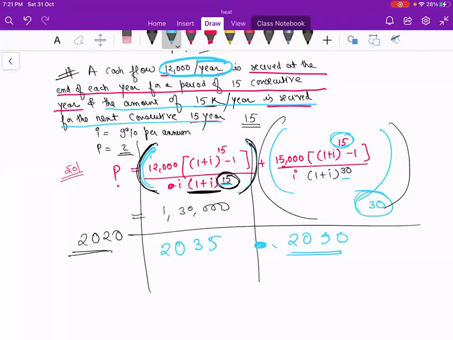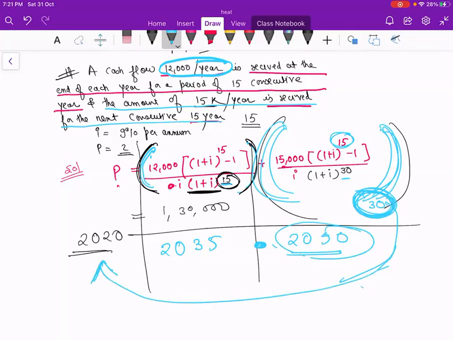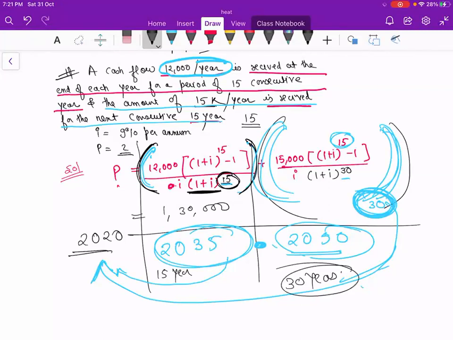So this amount you want to go back 30 years, from 2050 to 2020, and this amount you want to go back 15 years. So this will be 15 years and this will be 30 years. Everyone got it? Now you can write that out.